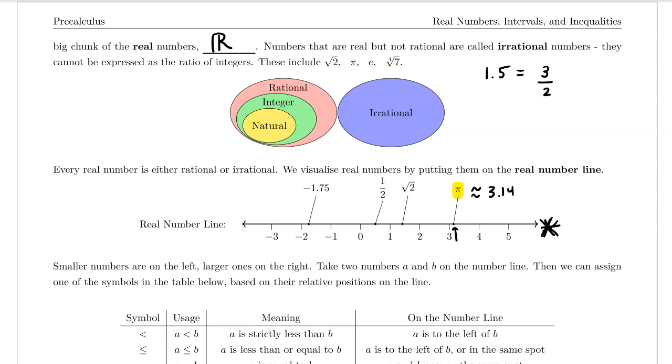So that's a ratio of integers, meaning that this number belongs in the set of rational numbers. Now, the square root of 2 is irrational, and I cannot represent it as the ratio of two integers, so I would say the square root of 2 does not belong to the set of rational numbers.